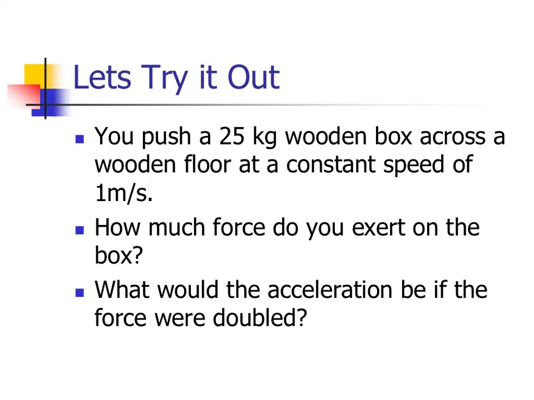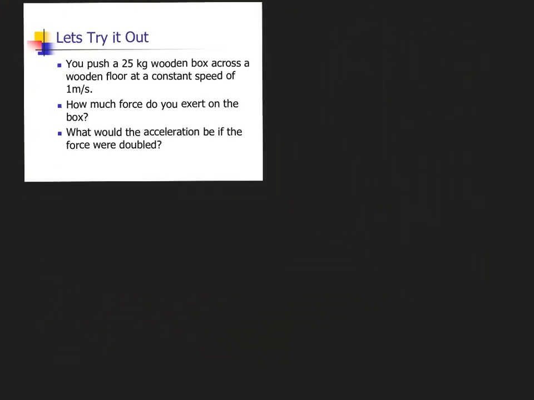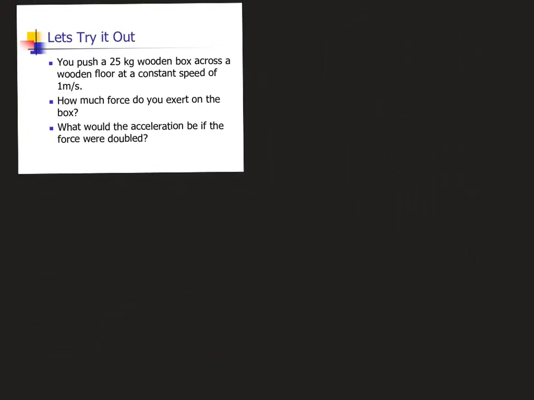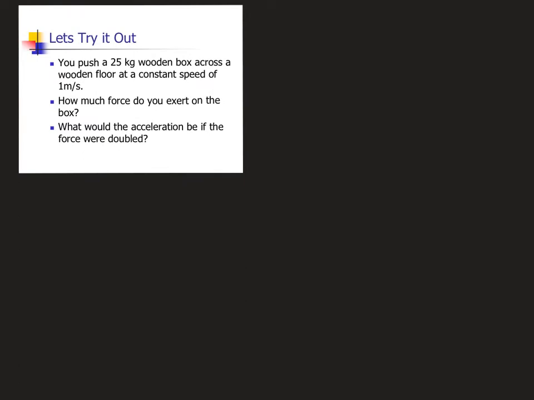I'm just going to resize this here a little bit. So we need to look up mu sub k, the coefficient of kinetic friction since it's moving, and by looking it up we got 0.2.